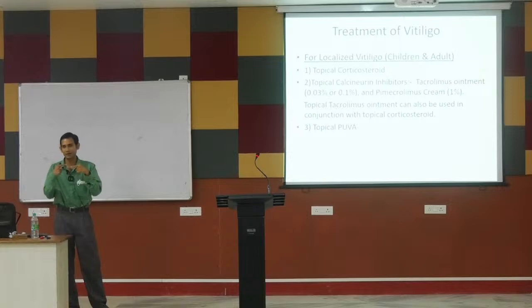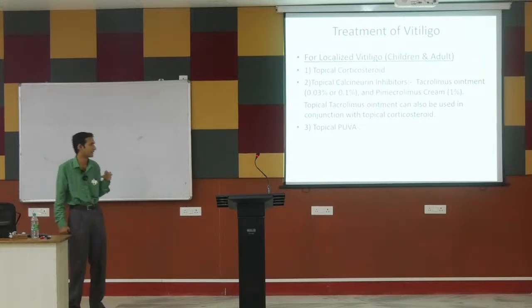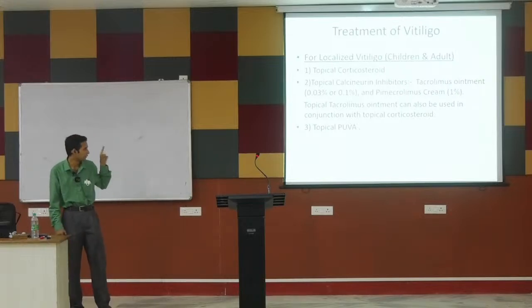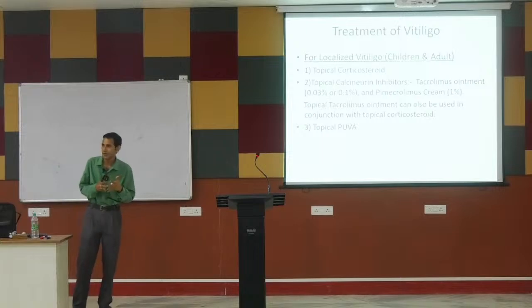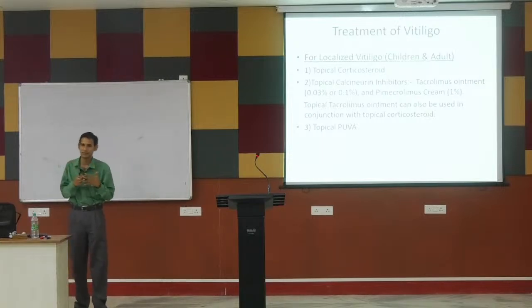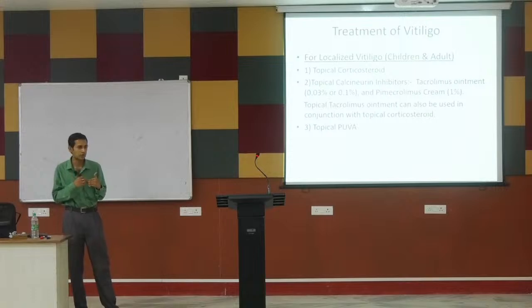These cycles are given continuously, usually for 3 to 4 months, to get the result. It produces a synergistic effect. There will be no steroid atrophy, and you will get the benefit of both the steroid and the calcineurin inhibitor.